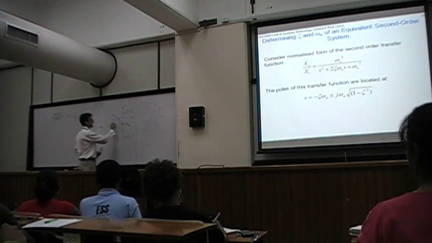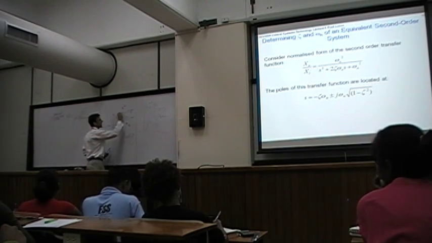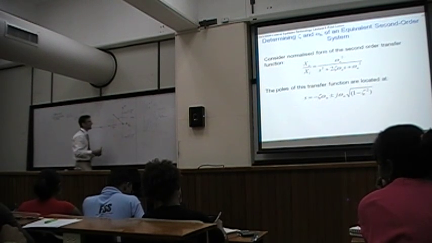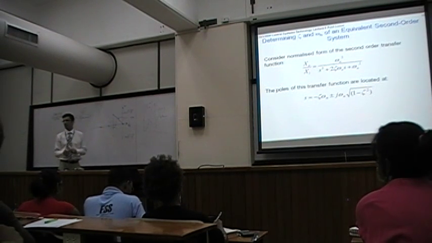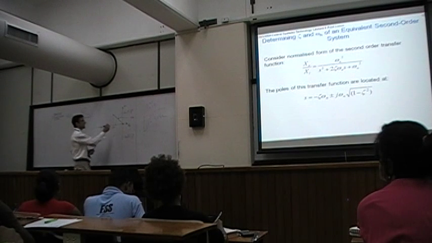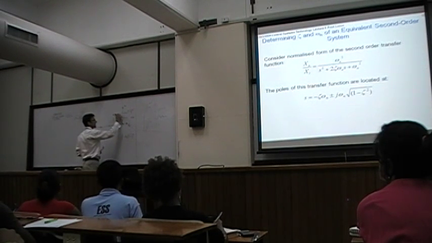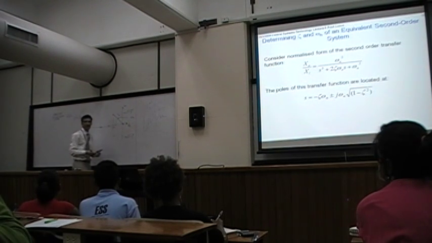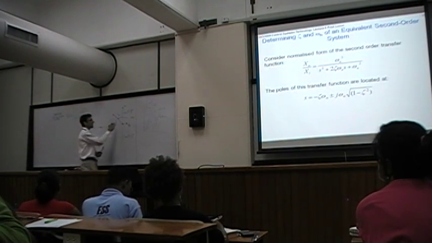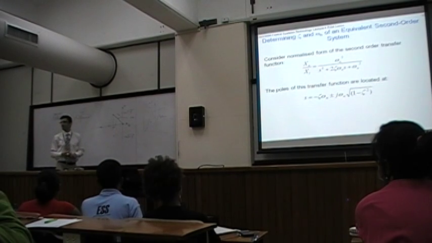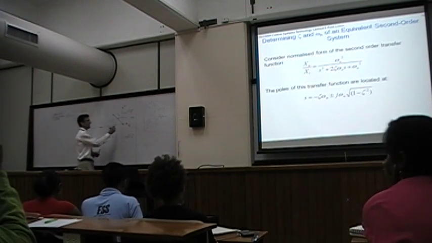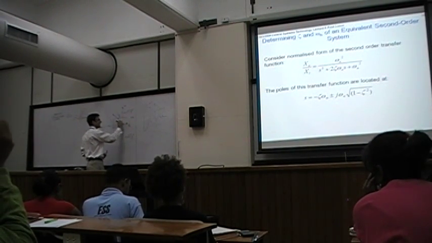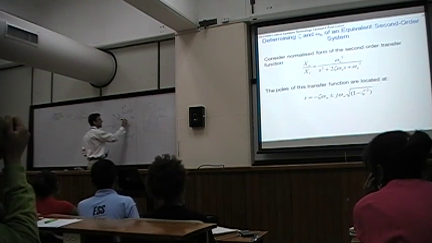If we have a locus like this one here, we want to identify the location of the closed loop root. So we've got a root here that we're interested in, let's say it's here. Call this R1. If we want to know what's the natural frequency for that particular root, if we just measure the length of this line, it gives us omega n.